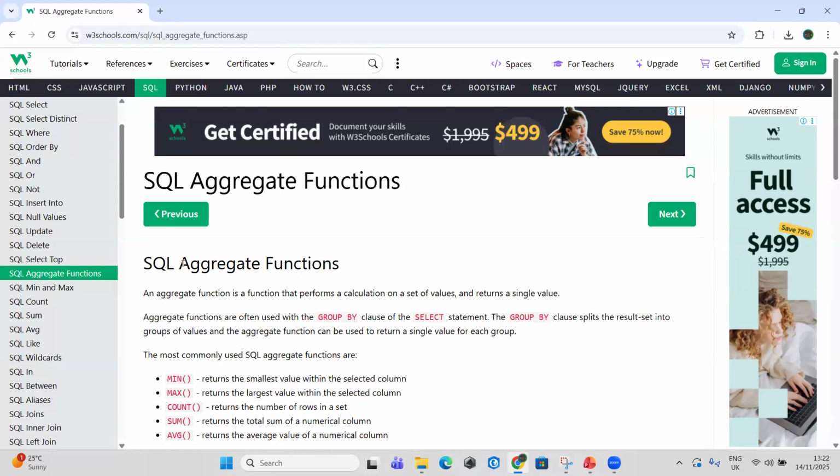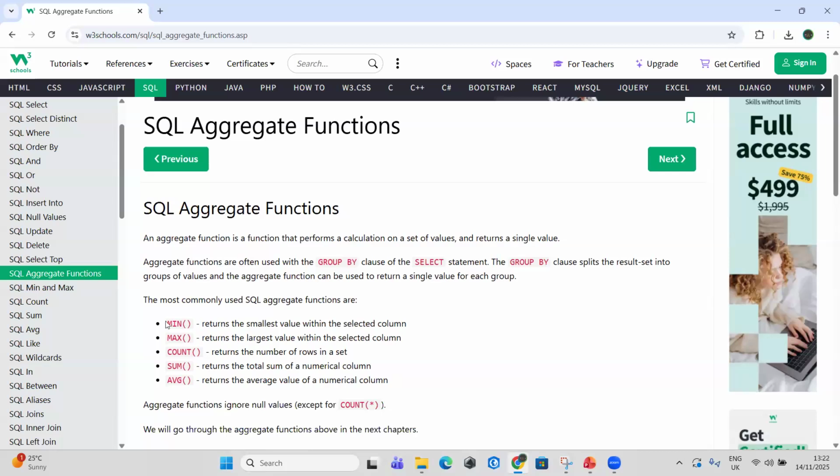Now, if you see this one, it returns the smallest value within a selected column. Max returns the highest value. Count returns the number of rows in a set. What it means is, so this is my table.